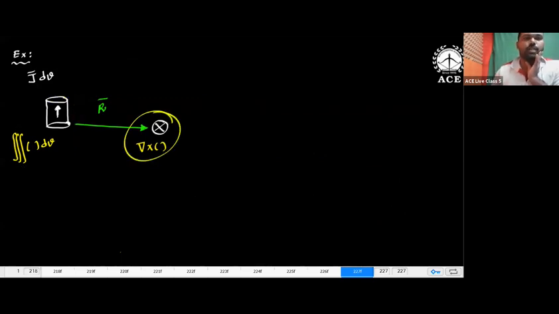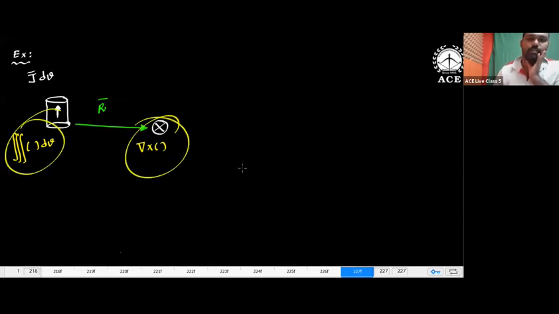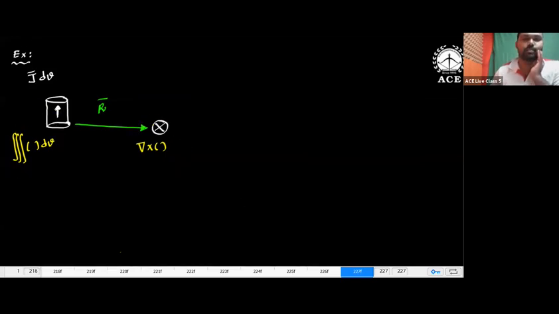So the order of operation doesn't matter. If you operate this one and after that this one, it doesn't matter. Or if you operate this and then this, it doesn't matter. The source is here, the field point is here, so they have nothing to do with each other.